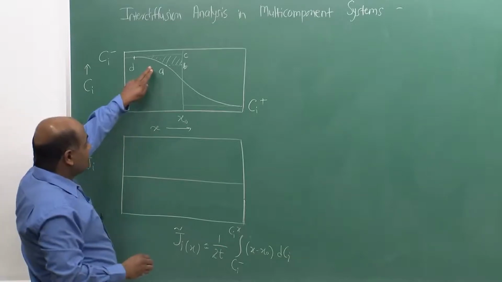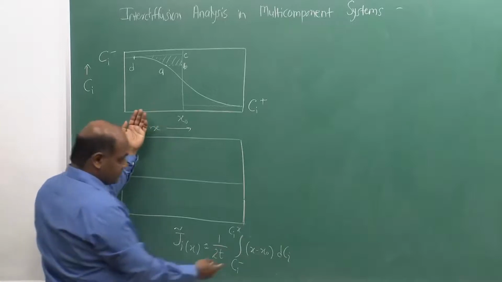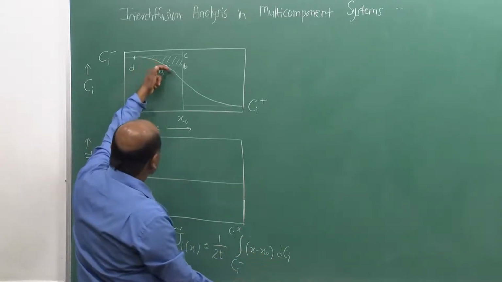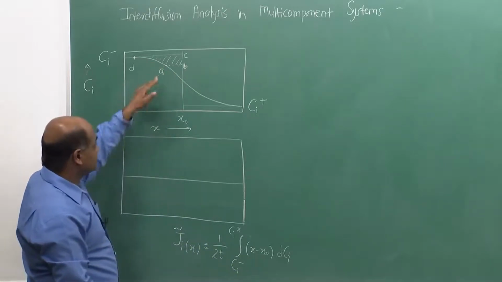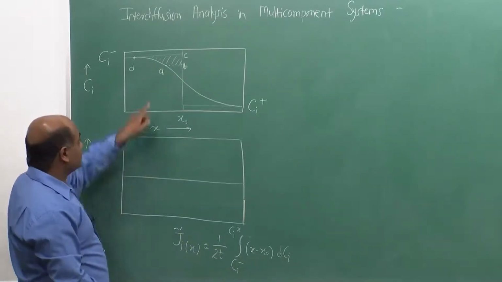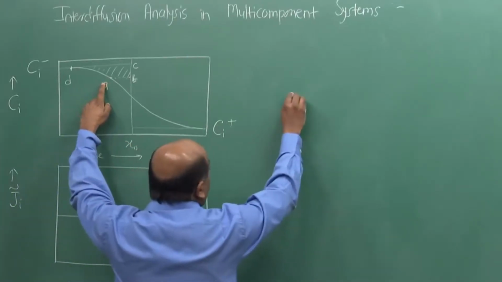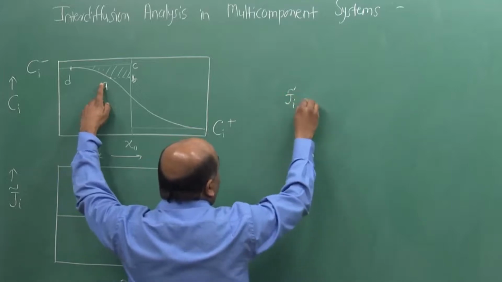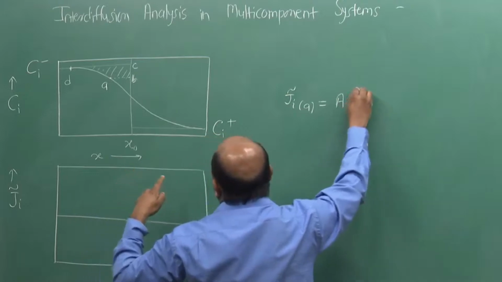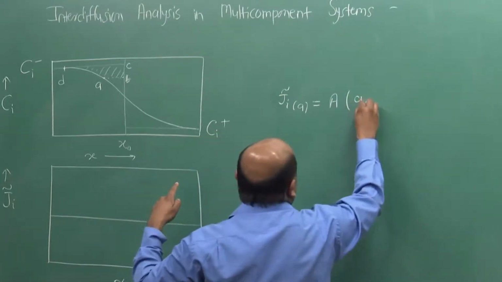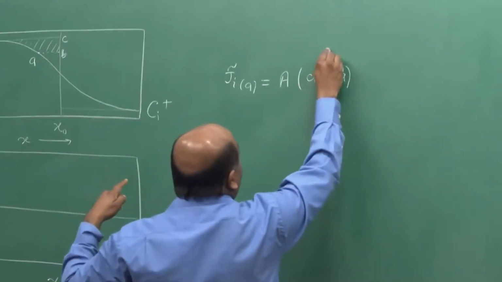The sign of the flux would be positive, since x minus x naught on the left side is negative and Ci is decreasing with x, so dCi would be negative. So, the flux at A would be positive. J̃i at A would be the area ABCD, and this would be positive.